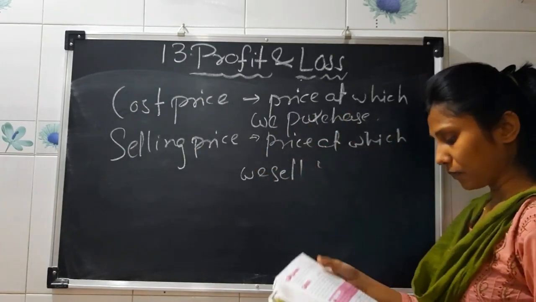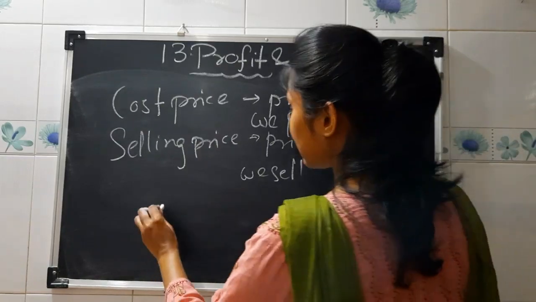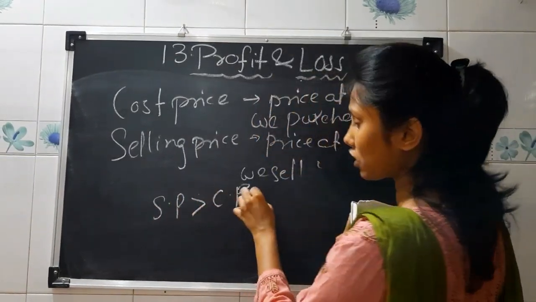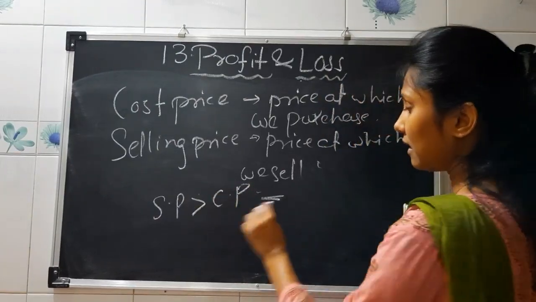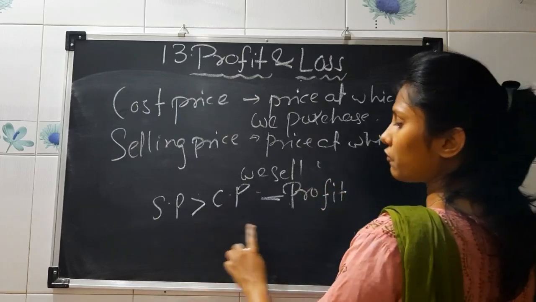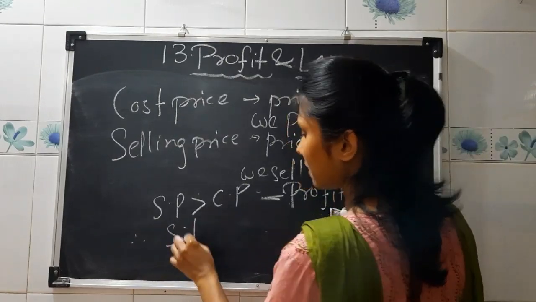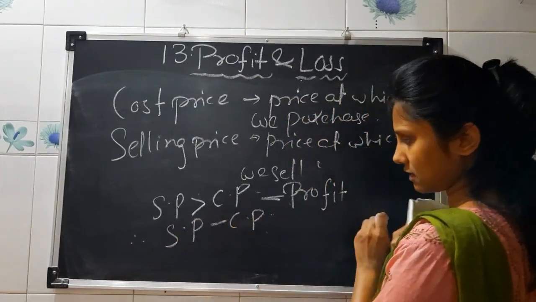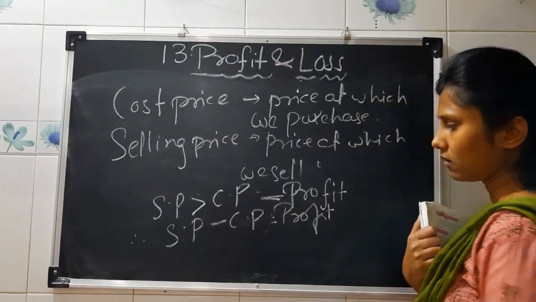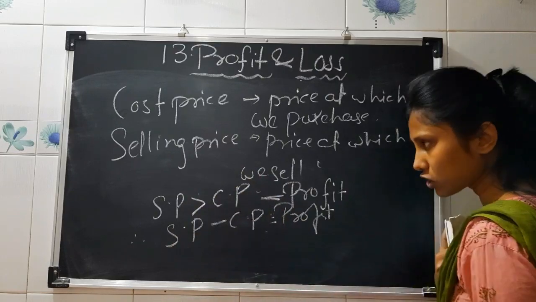Okay, now when selling price is greater than cost price, then it is a profit. So the formula is selling price minus cost price equals profit. Profit is equal to selling price minus cost price.